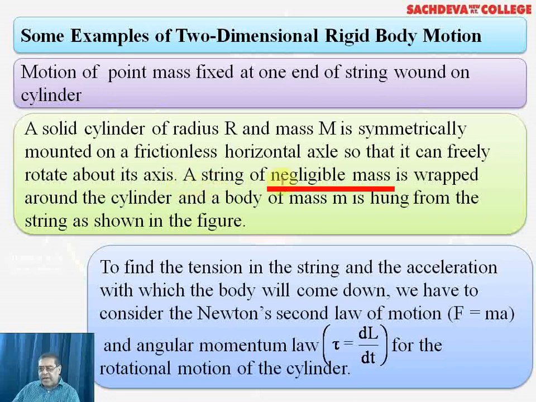A string of negligible mass is wrapped around the cylinder and a body of mass m is hung from the string as shown in the figure.